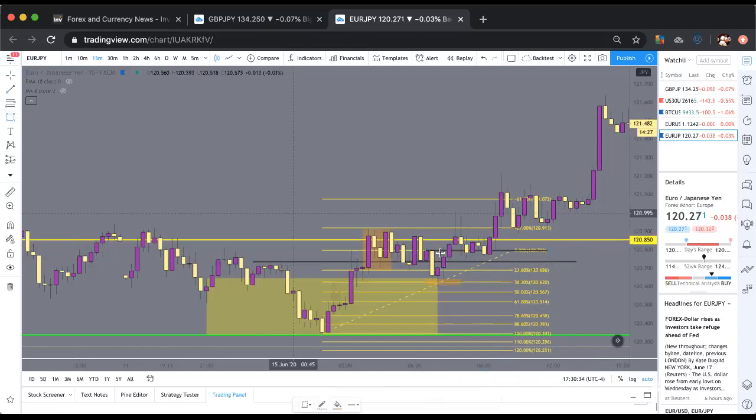But any of these candles right here, this is like a variation. This is an engulfing. And these are the types of areas that we want to take advantage of, right?